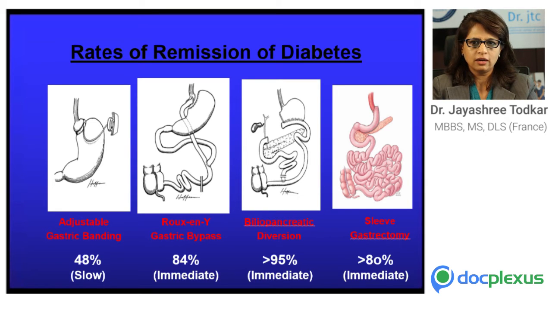One is gastric band, the other one is gastric bypass, third one is gastric sleeve, and the fourth one is biliopancreatic resection. In which patient which operation should be performed depends upon multiple factors.